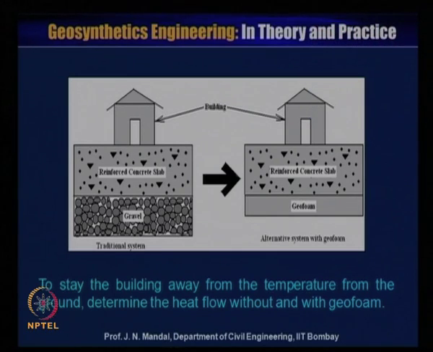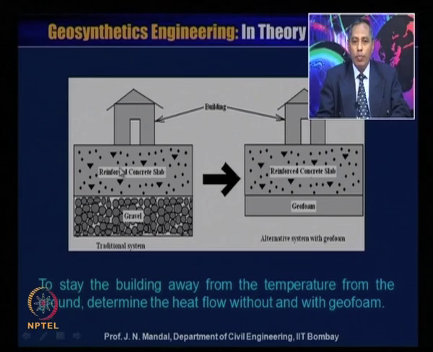So, we consider the building away from the temperature from the ground and determine the heat flow without and with the geofoam. Sometimes we require to store some vegetable or any other kind of material to protect.